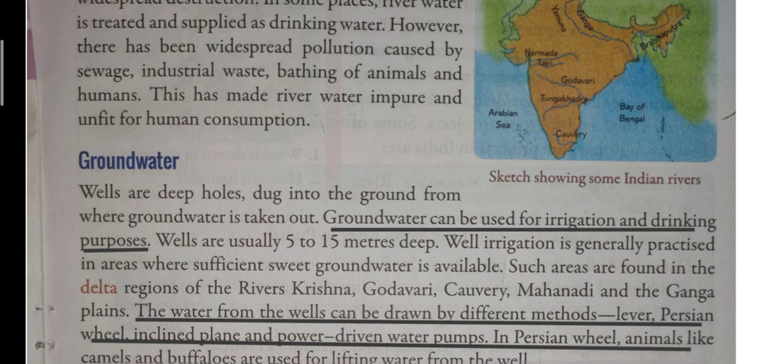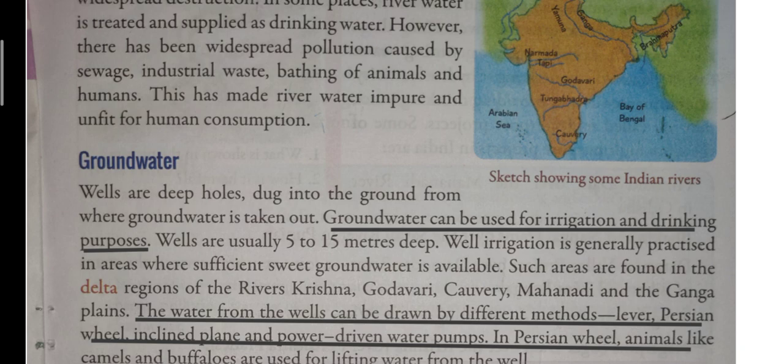So, children, very deep and round holes are dug into the ground so that water can be taken out from the ground. And children, such wells are 5 to 15 meters deep, and groundwater can be used for irrigation also and for drinking also.